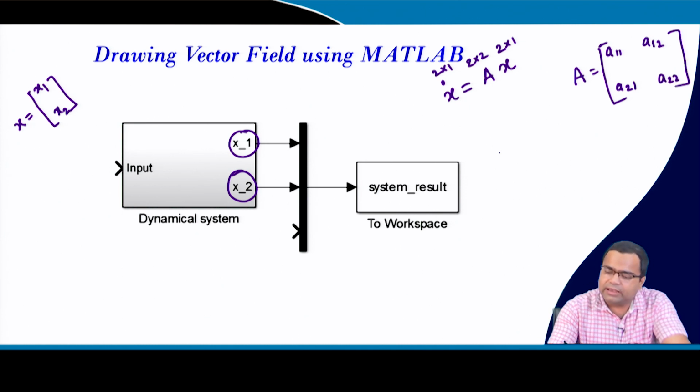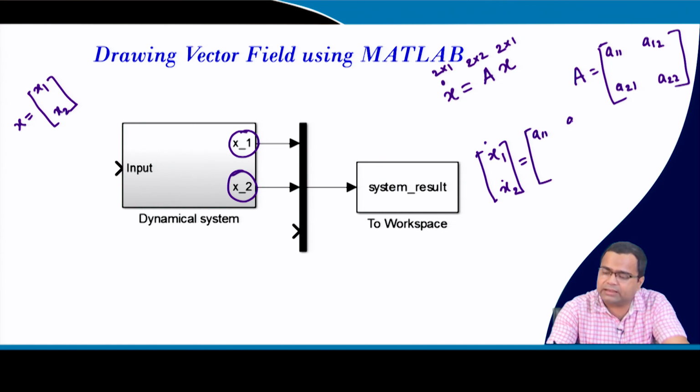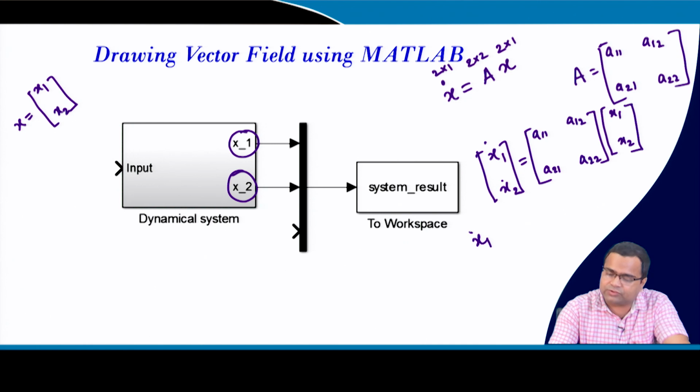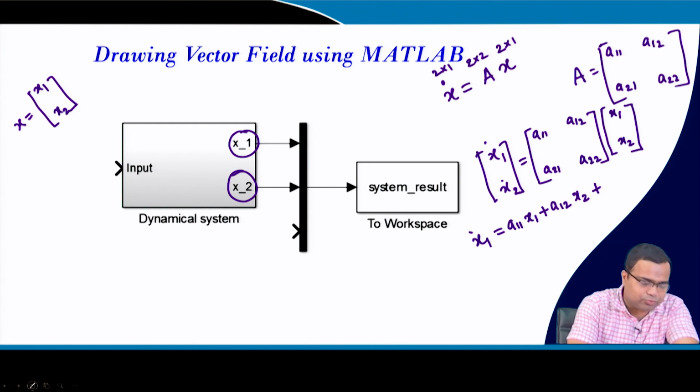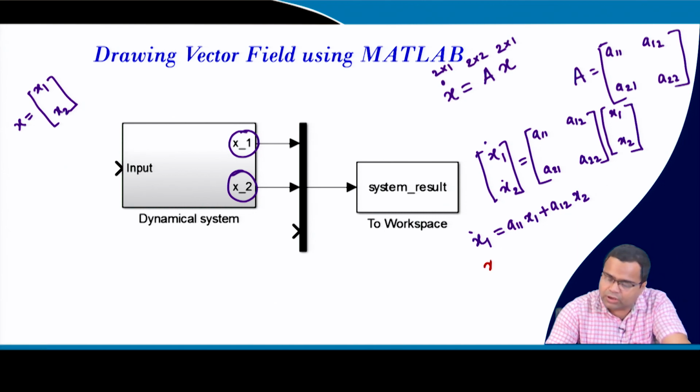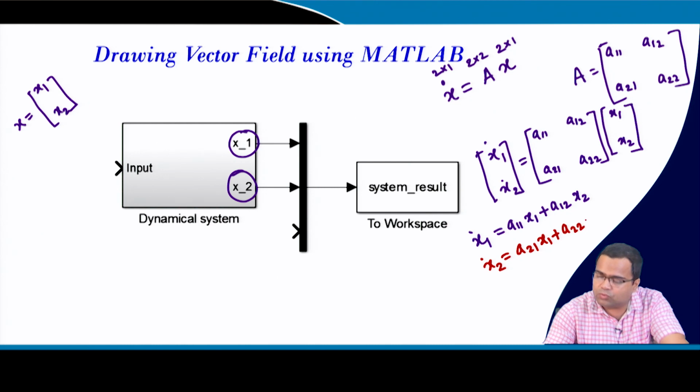That means I will get x1 dot, x2 dot is equal to A11, A12, A21, A22 into x1, x2, which means x1 dot is equal to A11 x1 plus A12 x2, because there is no input. So that is it. And what about x2 dot?